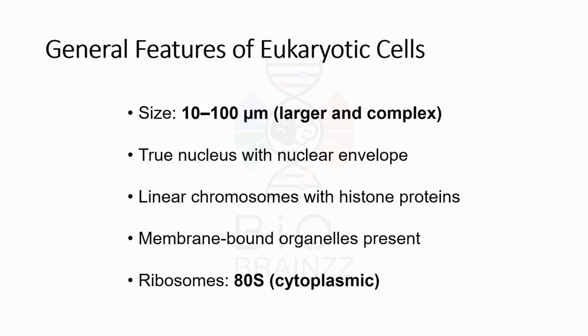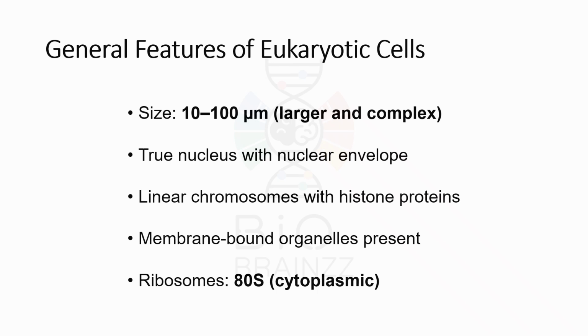In addition, eukaryotic cells have membrane-bound organelles like mitochondria, endoplasmic reticulum, Golgi, etc., which divide the cell into compartments. Their ribosomes are 80S, which are larger compared to prokaryotes.